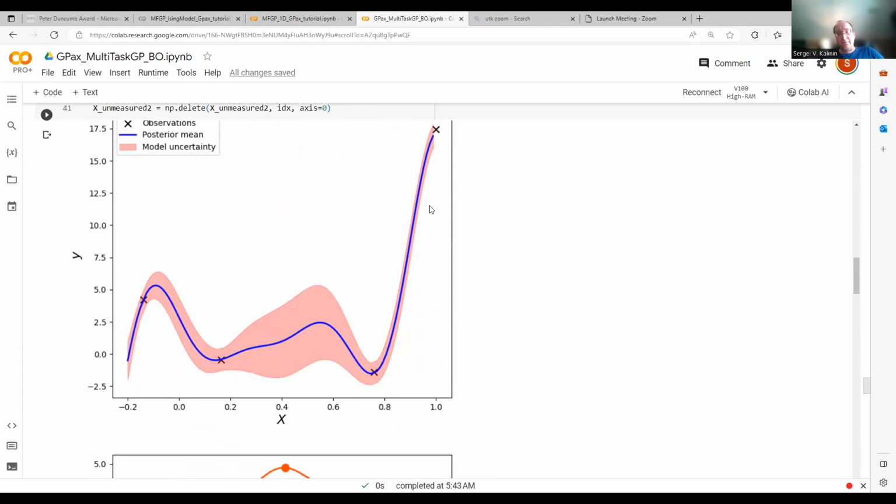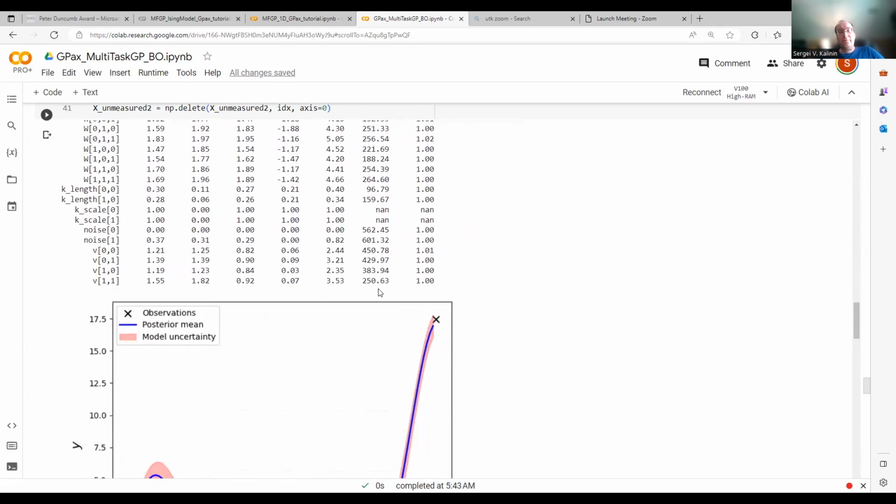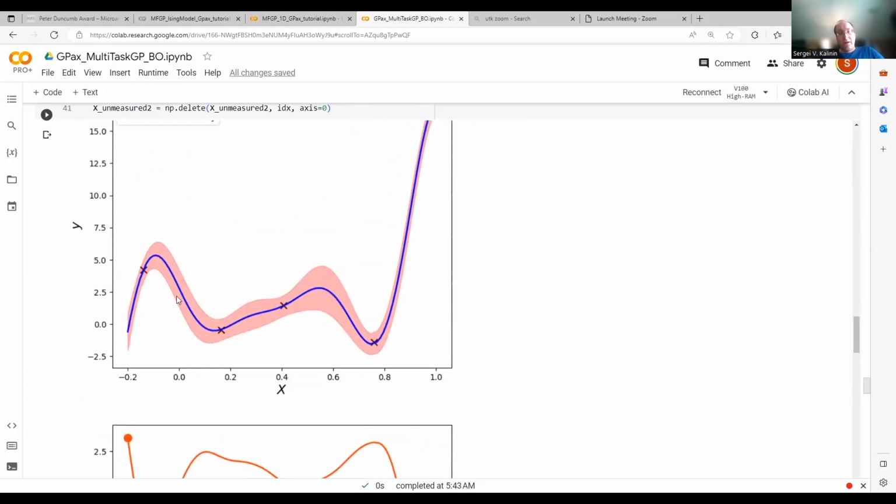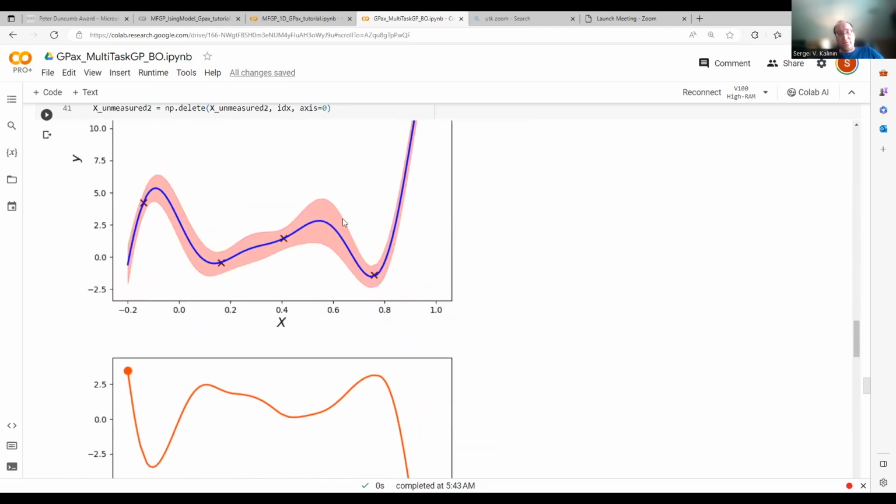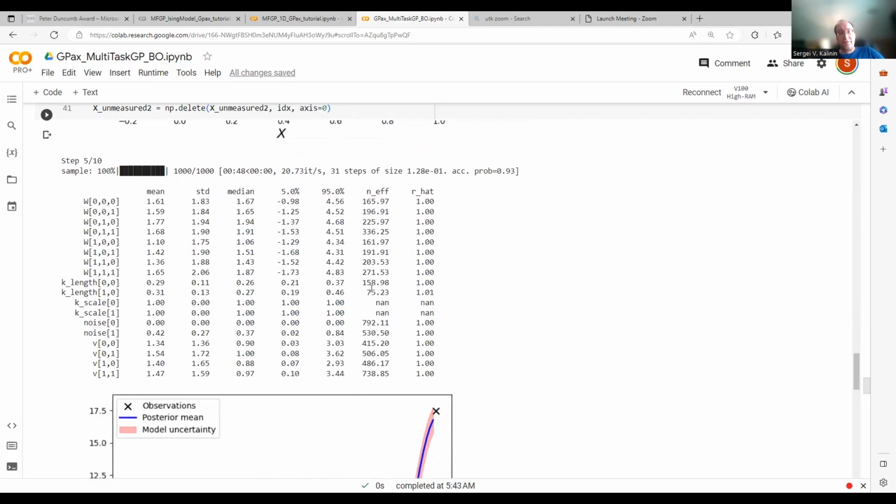So now we believe this part. We do the next measurement here. So by now, we can reconstruct the overall shape of the function. So the algorithm would want to check this location and this location. So this one, because here there can be a minimum. This one, because here the uncertainty is largest.